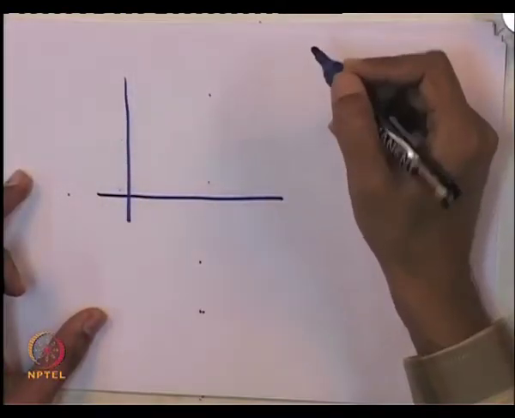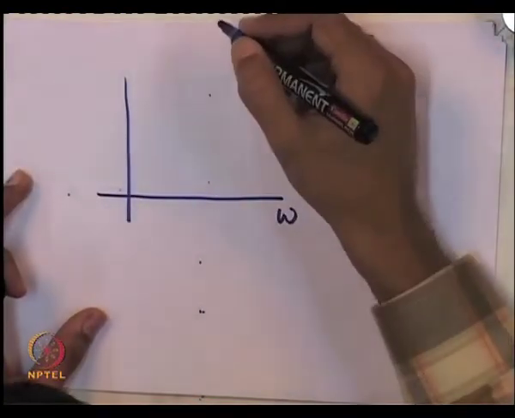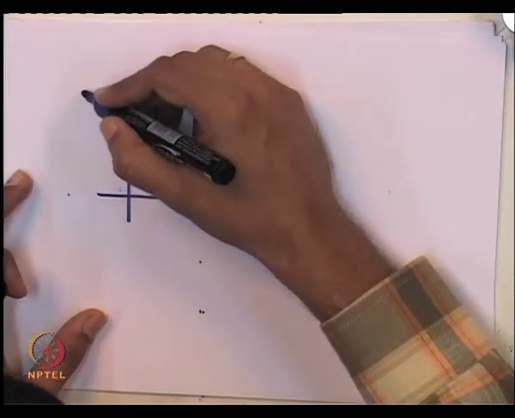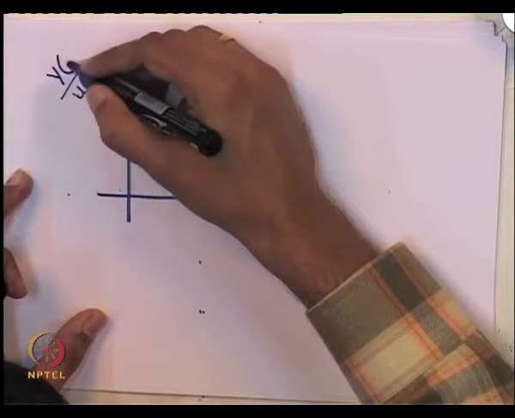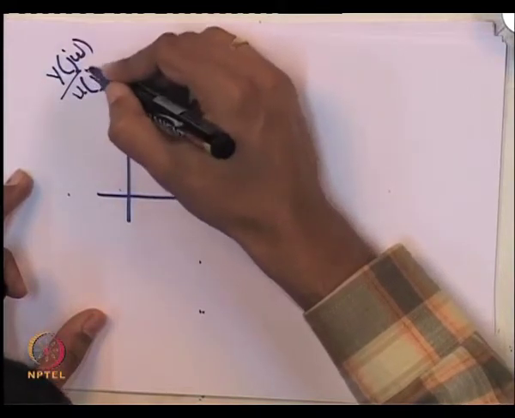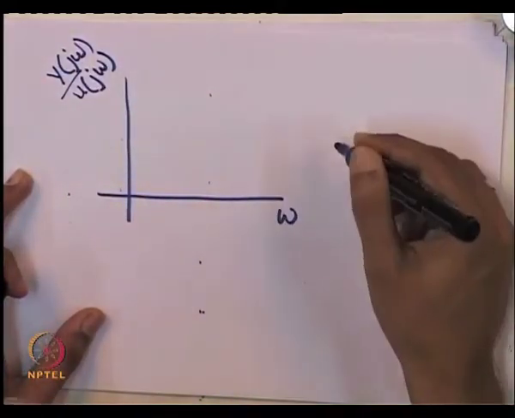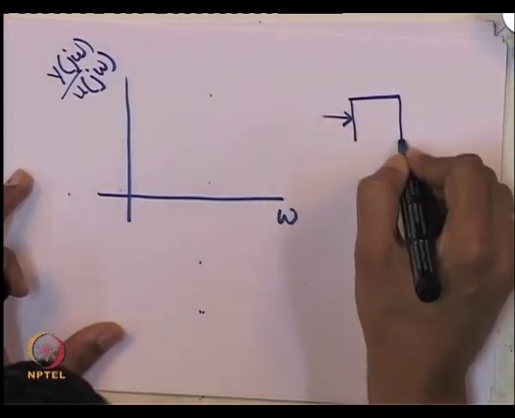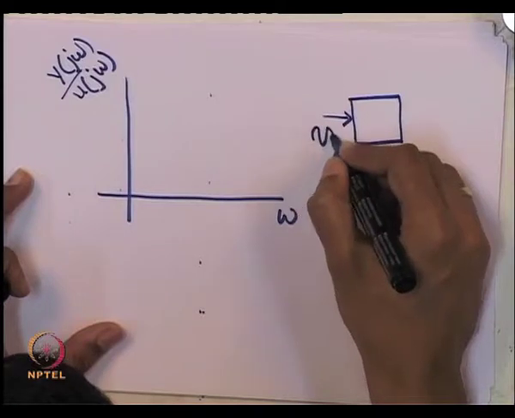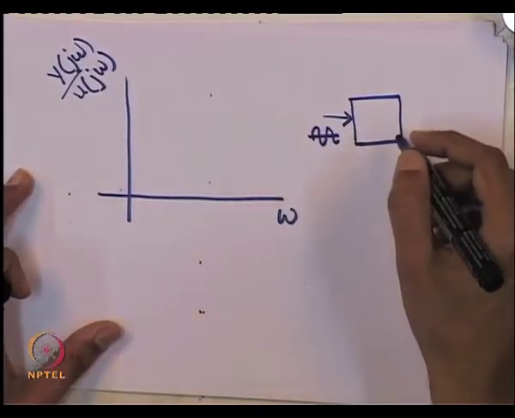can also be obtained, that is, you vary the frequency and see the gain, that is y upon u in steady state. So, what do I mean by a frequency response of any transfer function? You take this block, feed it by inputs of varying frequency.